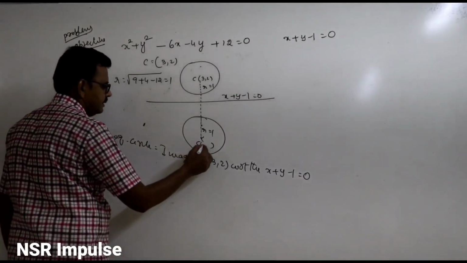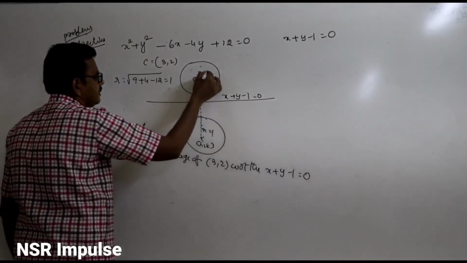Let this be h comma k and the given point is x1 comma y1.